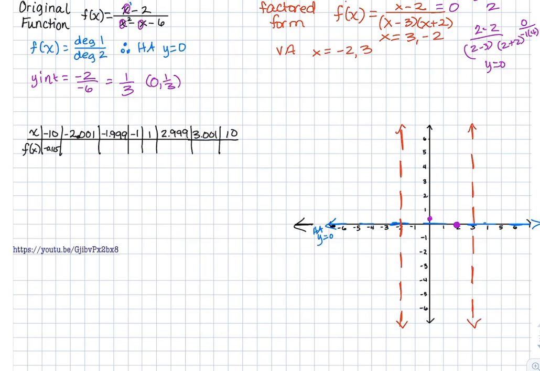So plug that one in. And we get -800. So it's approaching -infinity as we come to the vertical asymptote x equals -2 from the left. And so this graph is going to tend to curve and go down towards negative infinity.